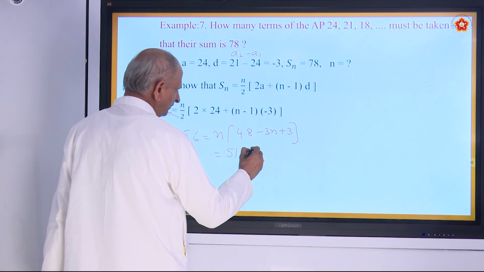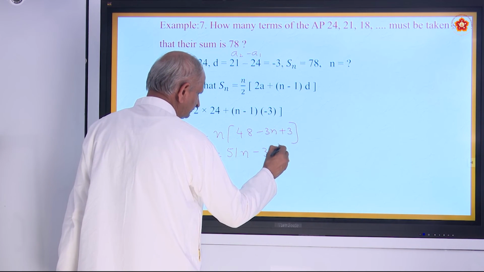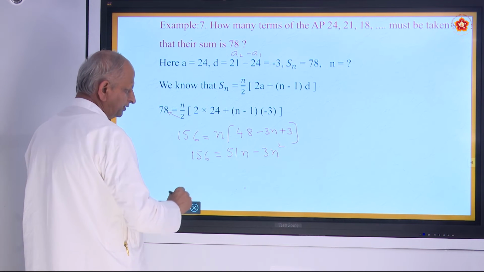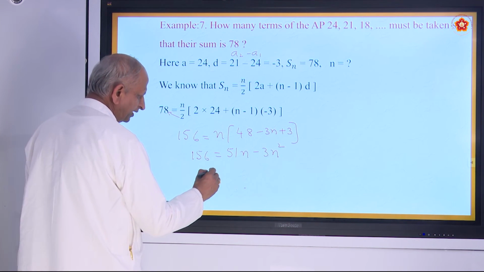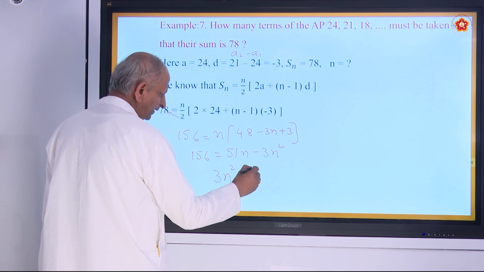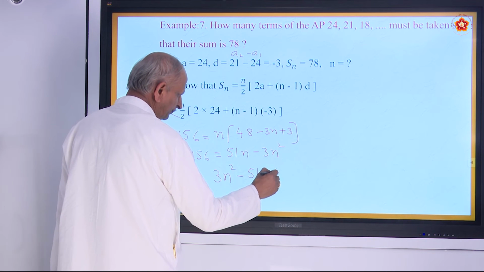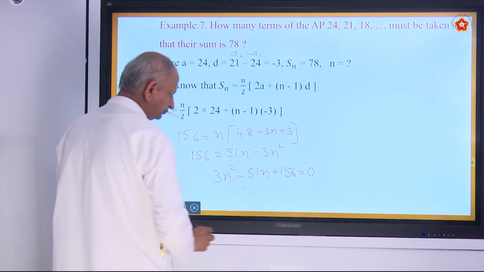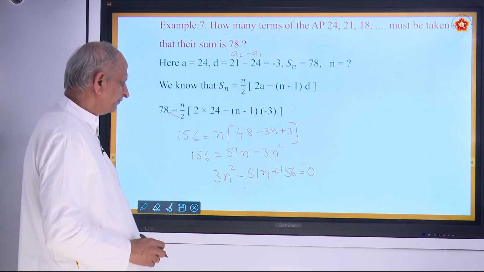And n into n becomes 3n square is equal to 156. So bring everything this side. So standard form, plus becomes minus, plus 156 is equal to 0. That is called standard form of the equation.